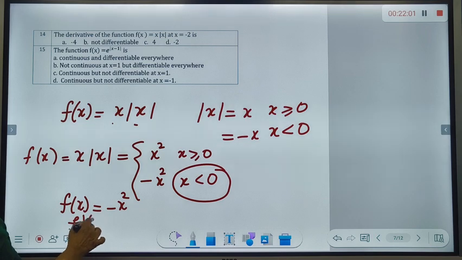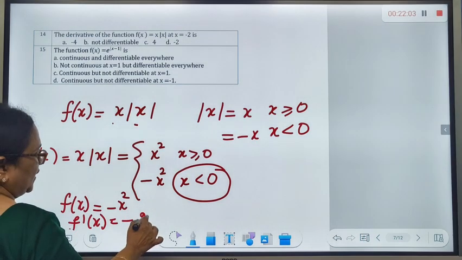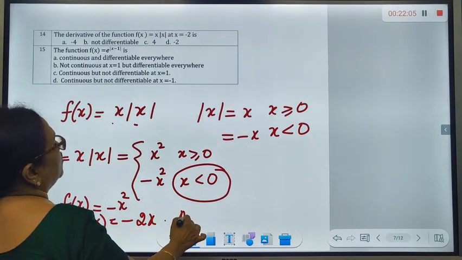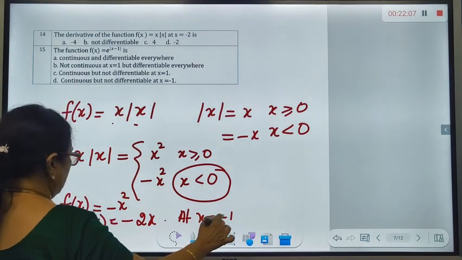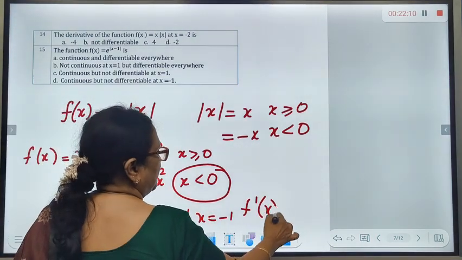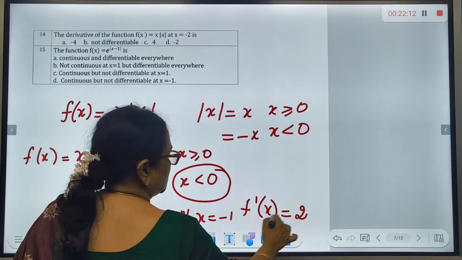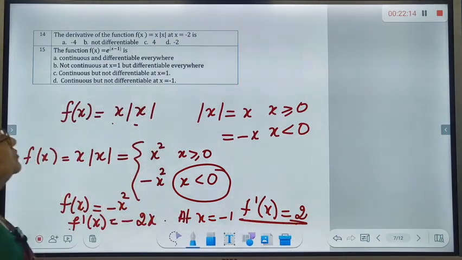So f dash of x will be minus 2x. At x equal to minus 1, f dash of x will be minus 2 into minus 1, which is 2. Okay, so the answer is 2.